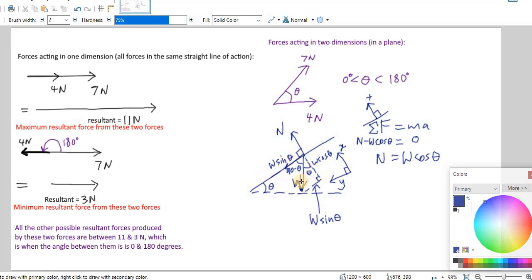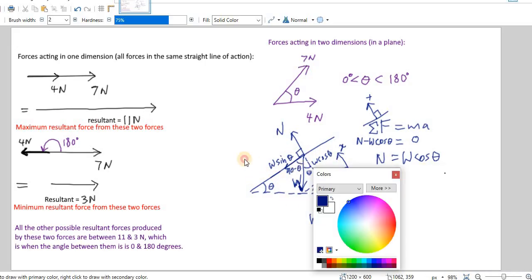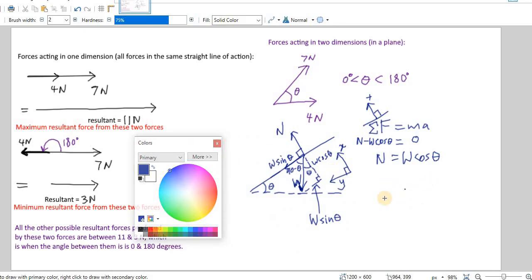Now in this direction, if you use F equals ma, Newton's second law, there is only one force, that is the component of the weight that way. So that is W sine theta.